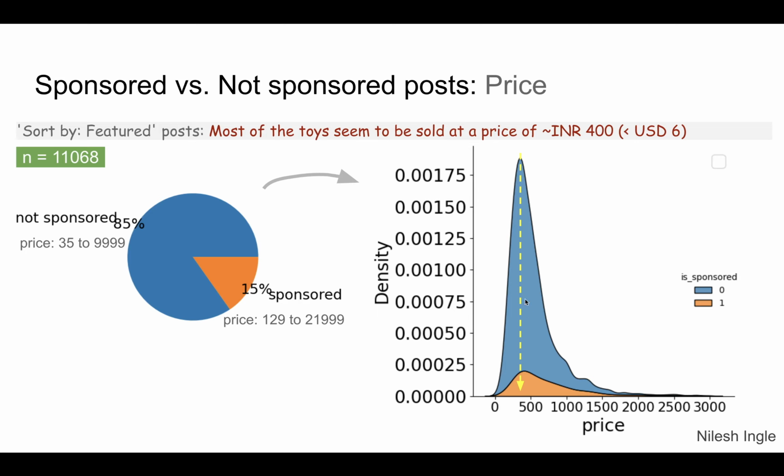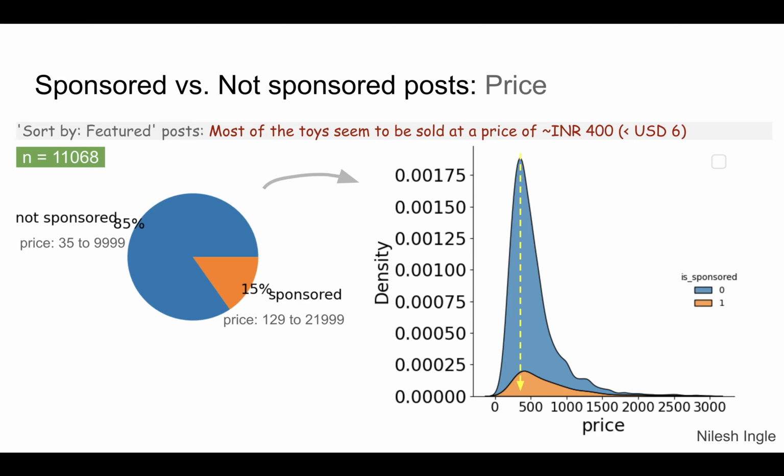And here the blue curve shows the data for not sponsored, and the orange one shows the data for the prices coming from listings that are sponsored, paid by seller to show up in the results. So the peak of the sponsored is slightly to the right of this, but still based on this we can just say that the price is almost similar for the sponsored and non-sponsored.